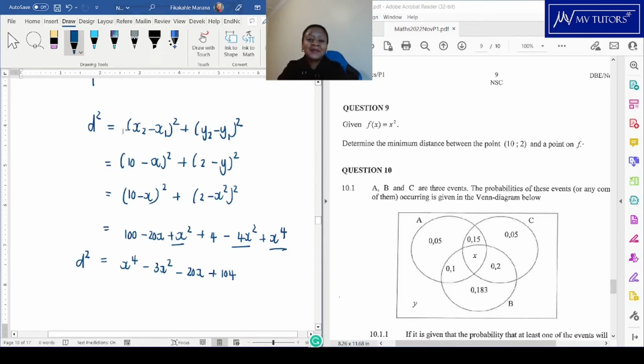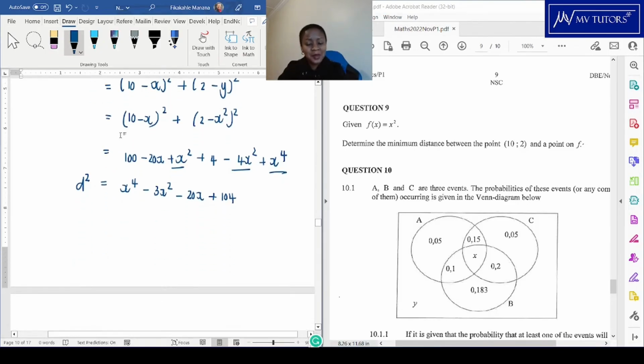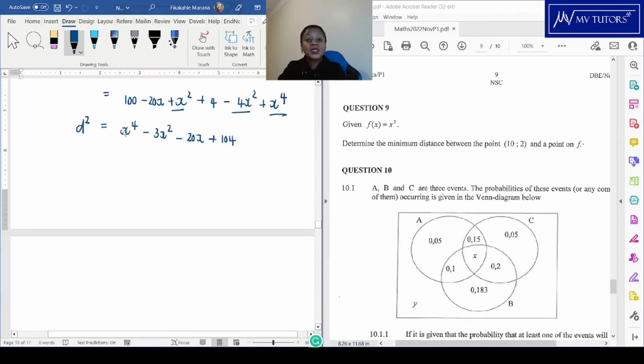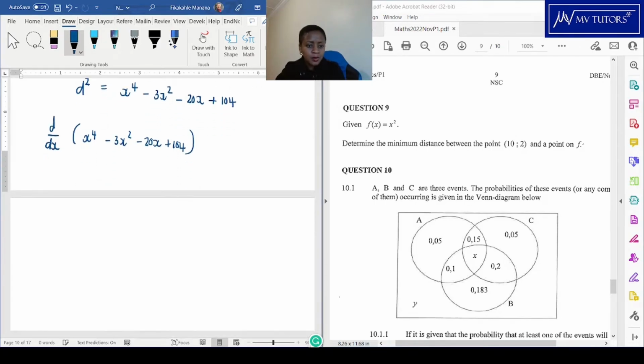And when they want the minimum distance, whenever they say minimum, maximum, what should click is that we need to differentiate. Okay, we need to get the derivative. So the derivative in terms of x, x to the power 4 minus 3x squared minus 20x plus 104 would be equal to, just going to write on the next page.